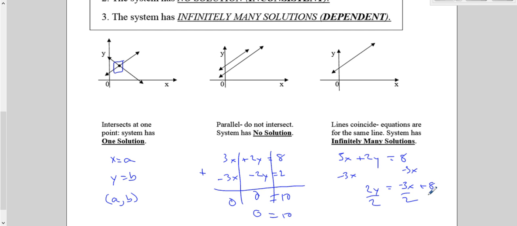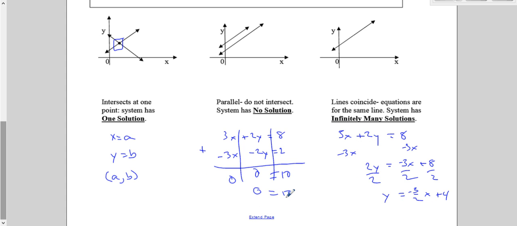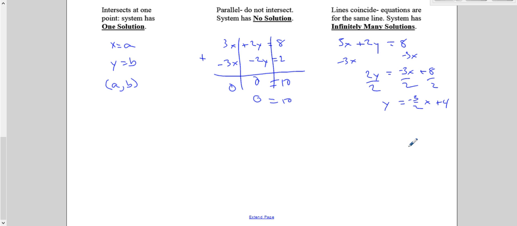Divide by the 2 and get y equals negative 3 halves x plus 4. And what we're going to do with that is write an ordered pair using variable expressions. So if we just use x as itself, then y would be negative 3 halves x plus 4, because y is equal to that.